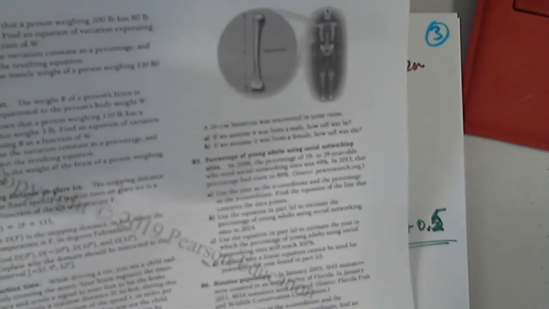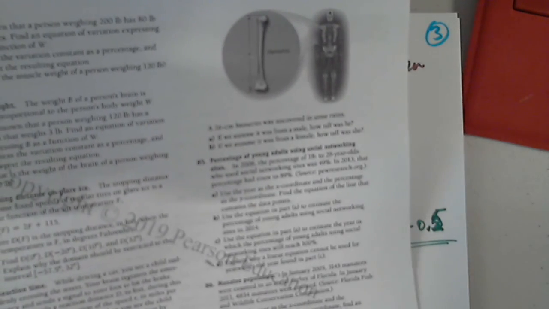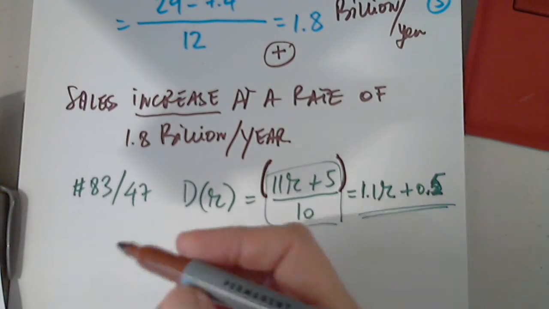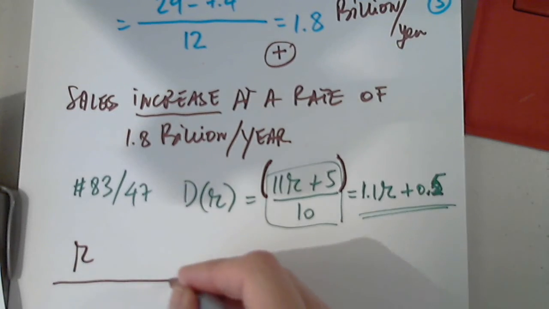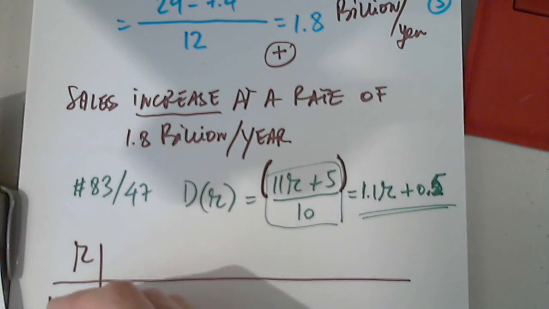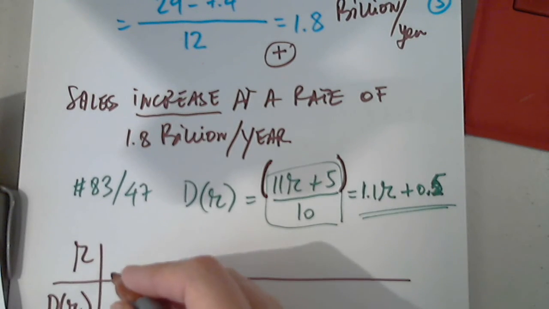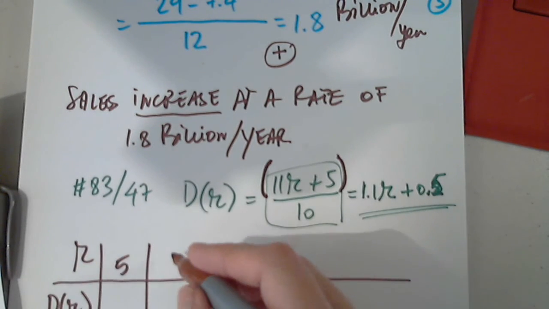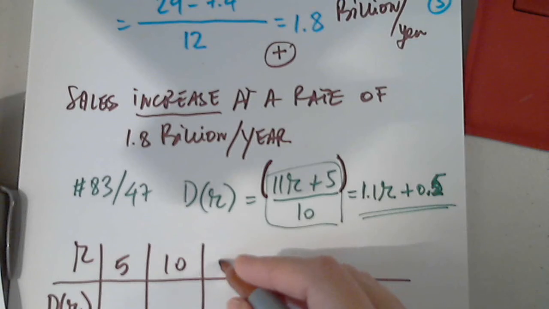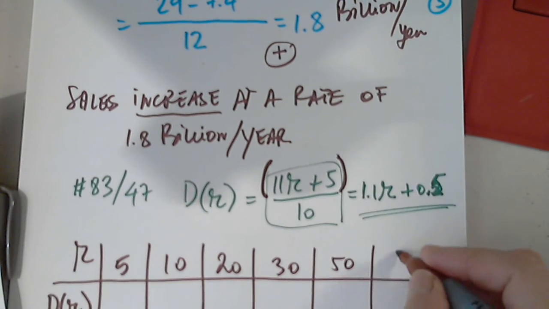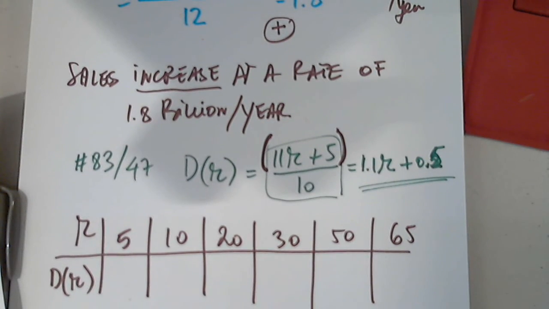They're asking us to find d of 5, 10, 20, 30, 50, and 65. These are all miles per hour, of course. So r in miles per hour, and the distance d of r when we drive at 5, 10, 20, 30, 50, or 65 miles an hour.